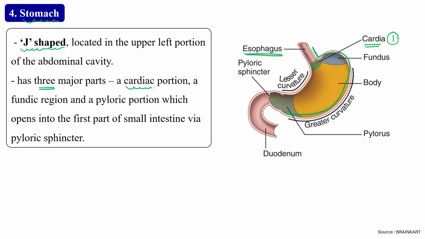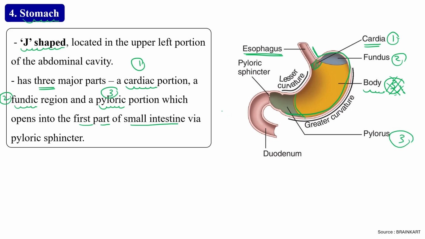First is the cardiac portion, followed by the fundus portion or fundic portion, and the largest part, that is the body or pyloric portion. So the cardiac portion, fundic portion and pyloric portion, which opens into the first part of the small intestine. So this is the first part, second part, and this is the third part, and this is the main body, and this is the last part, the pylorus part.